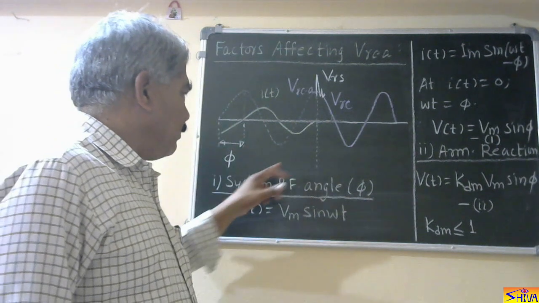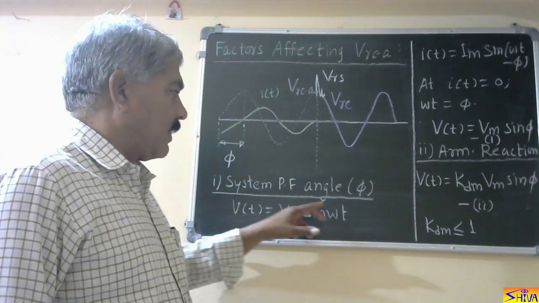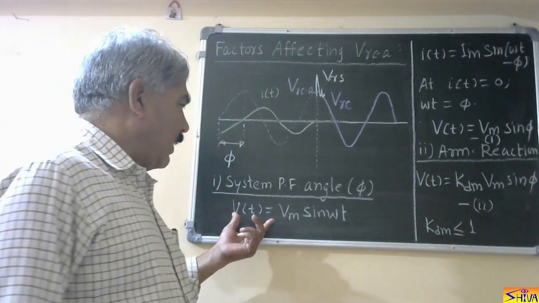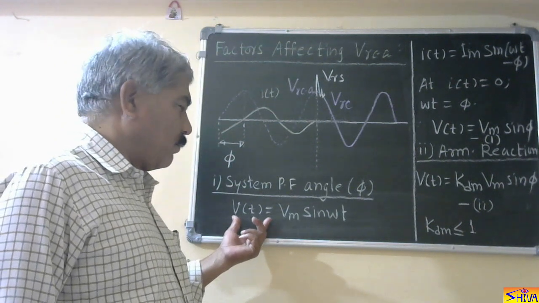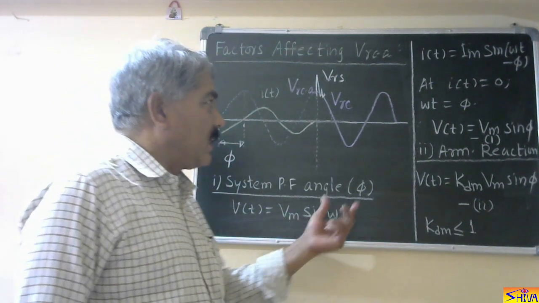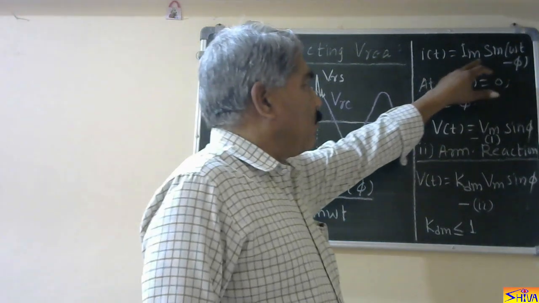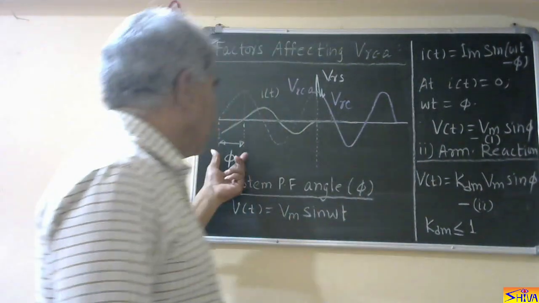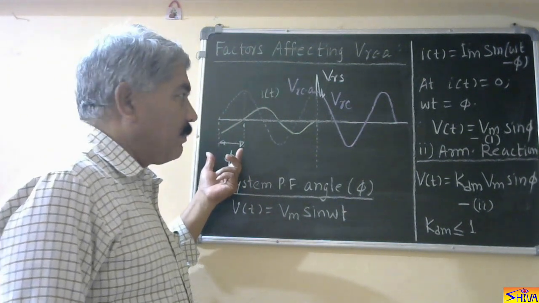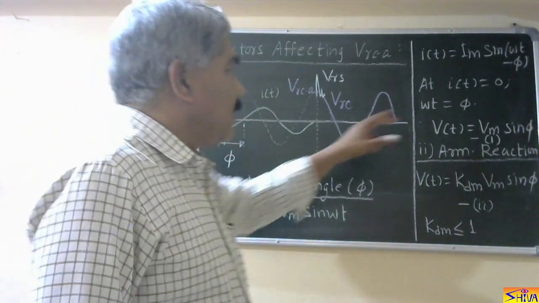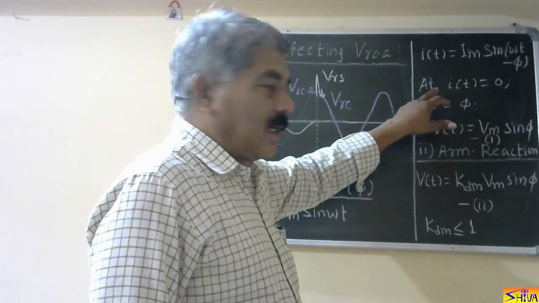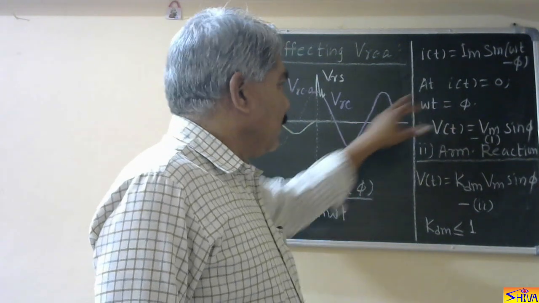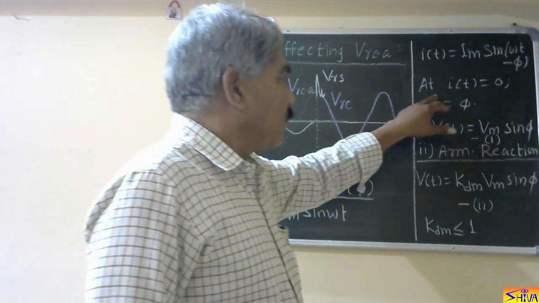This is the diagram. The first factor is the system power factor angle, that is phi. We have the expression v(t) equal to Vm sin omega t, and current is Im sin(omega t minus phi), where phi is the angle by which current is lagging the voltage. At the instant of final arc interruption, that is the current zero instant, the current is 0.